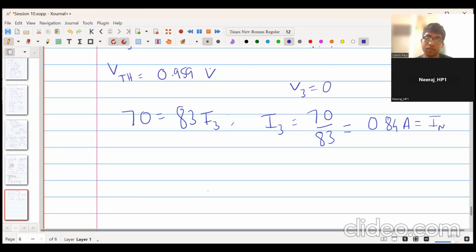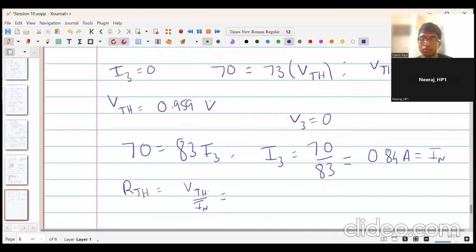Now we want to find the Thevenin resistance. That will be V Thevenin upon I Norton. That will be equal to 70 upon 73 divided by 70 upon 83, which is equal to 83 upon 73, which comes out to be around 1.13.